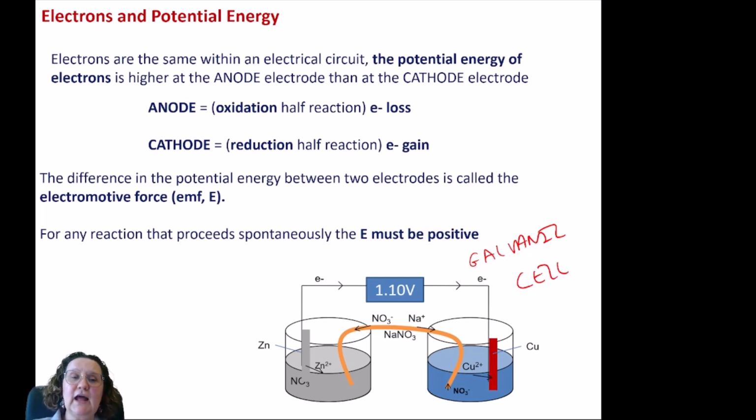If that electrode potential is positive, that means that the electrons flow naturally from the anode to the cathode. If that number is not positive, then the reaction will not happen spontaneously.